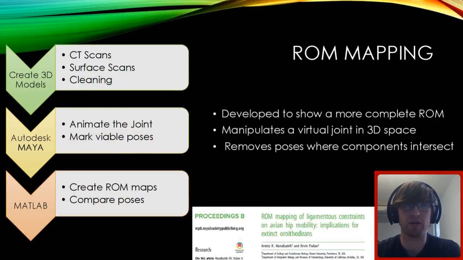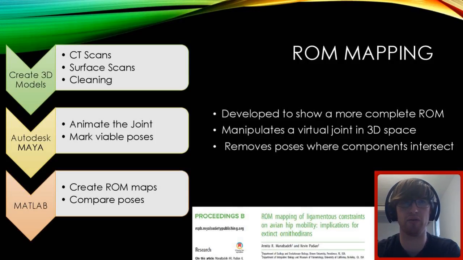So, as I've said, we're doing range of motion analysis, or ROM. The best method available for this is the ROM mapping methodology, which is essentially a method which takes a virtual joint in 3D space and rotates it through the full 360 degrees through all the different degrees of freedom, and will highlight any bone model that intersects with the other bones.